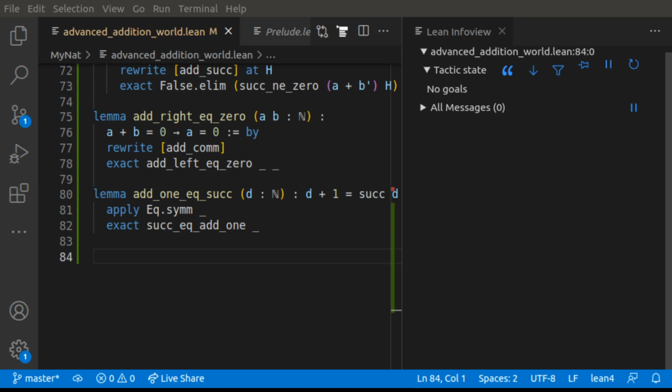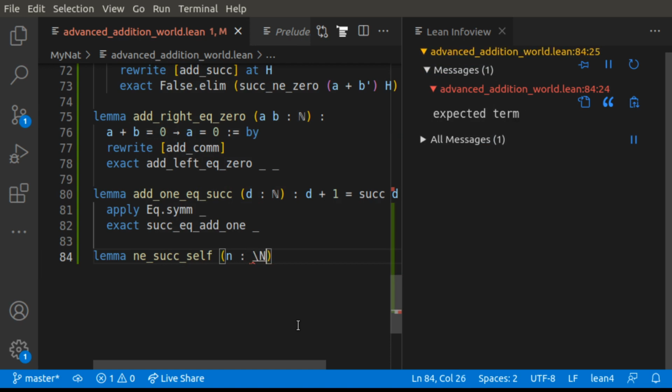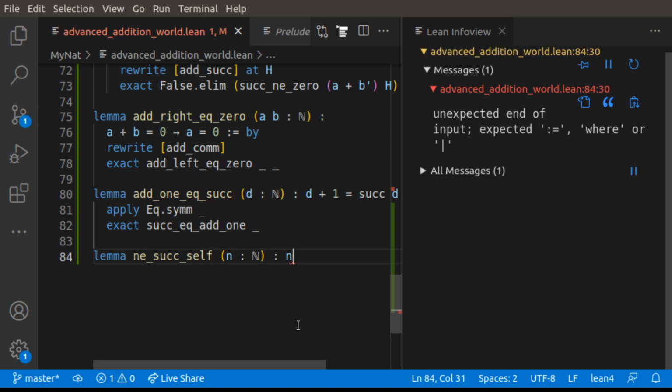Final level of the advanced addition world, not equal successor self. Okay. Lemma not equal successor self, with n being a natural number. It says that n doesn't equal successor of n.